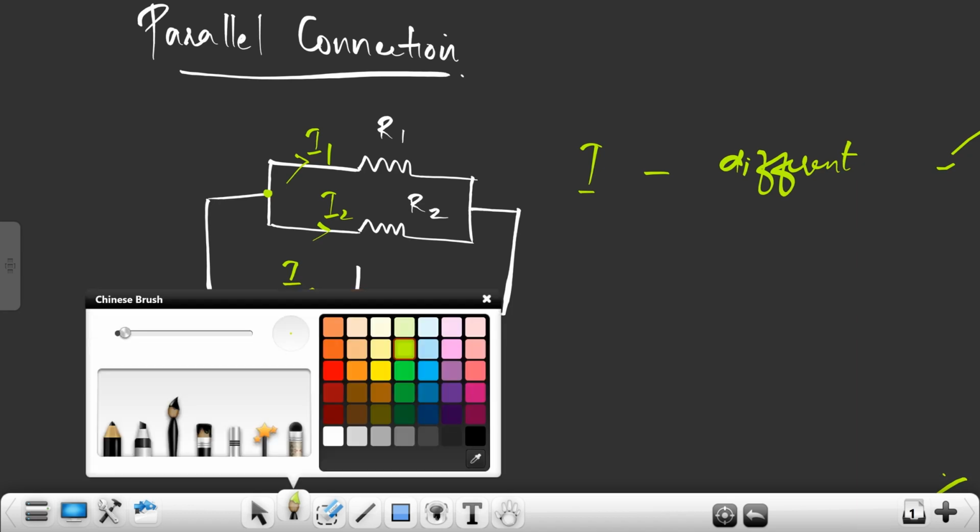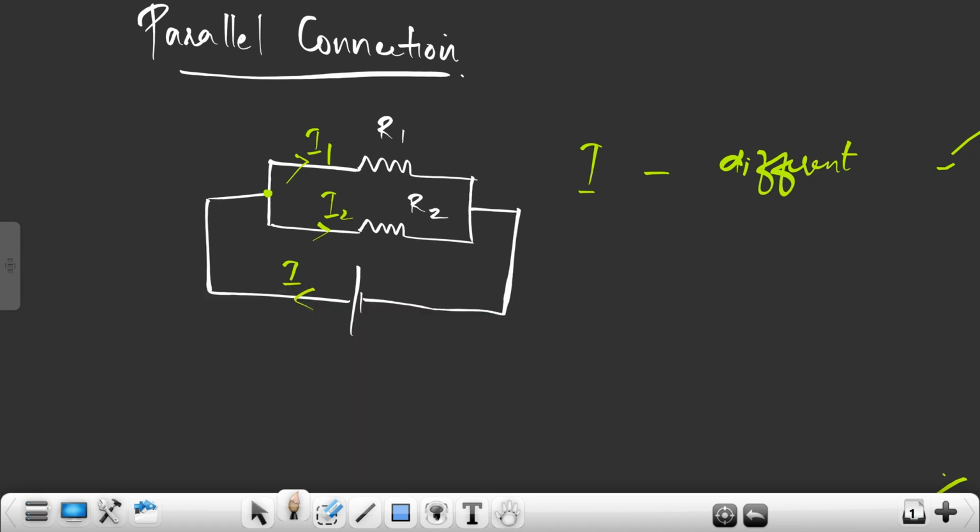Then, what about the potential difference? To find the potential difference across the cell or across the circuit, we can find it by using these two points. Let it be V volt. Then how can we find out the potential difference across the R1 resistor?